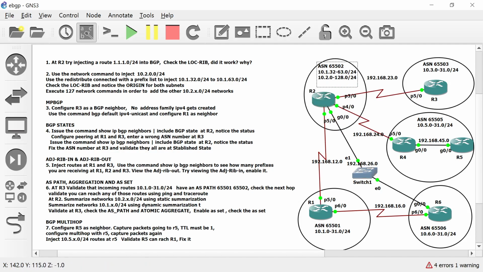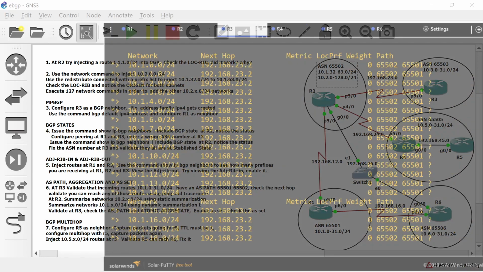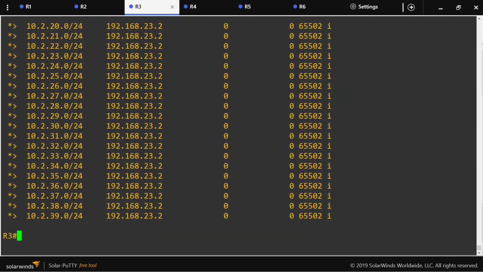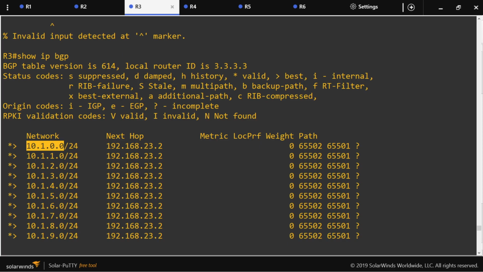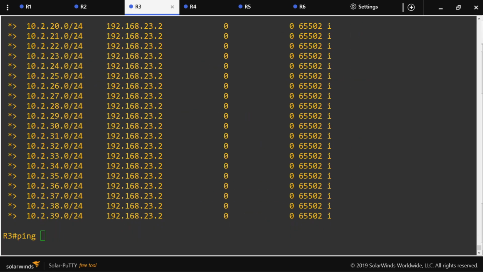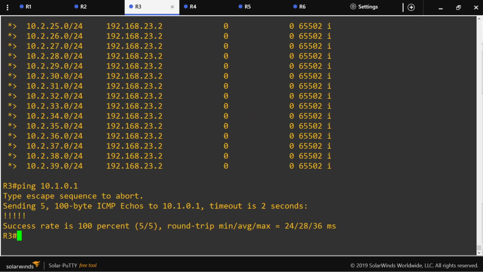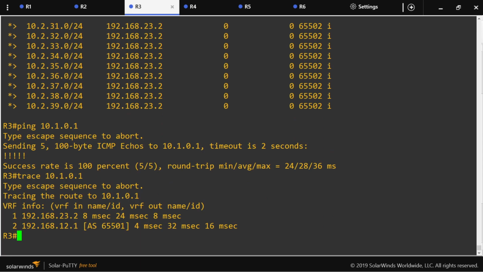So let's try to ping them to see if we have connectivity. Probably this one that comes from Router 1. Okay, and we do a traceroute. We can see that it travels through Router 2 and then it jumps to Router 1.